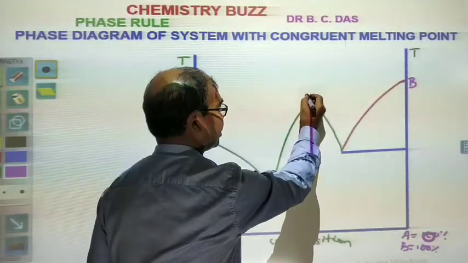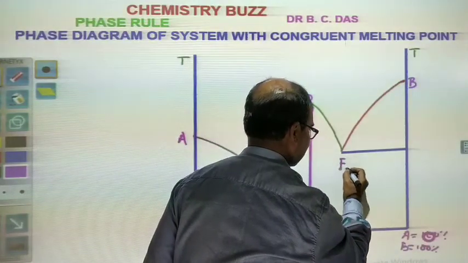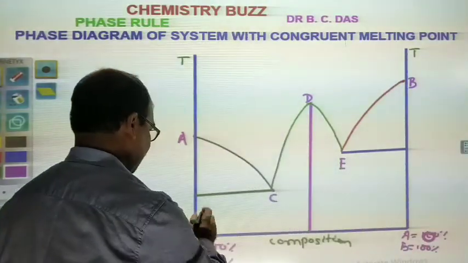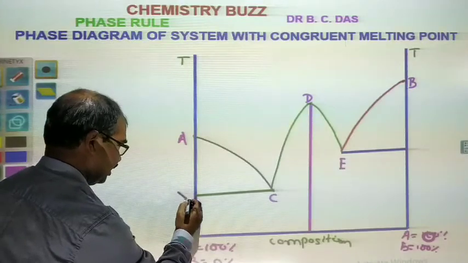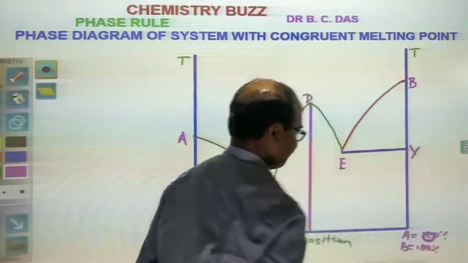This is D and this point is E, and we have two more points, X and Y.